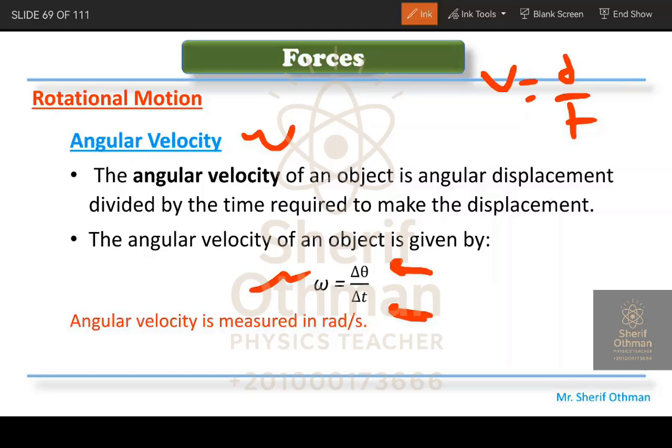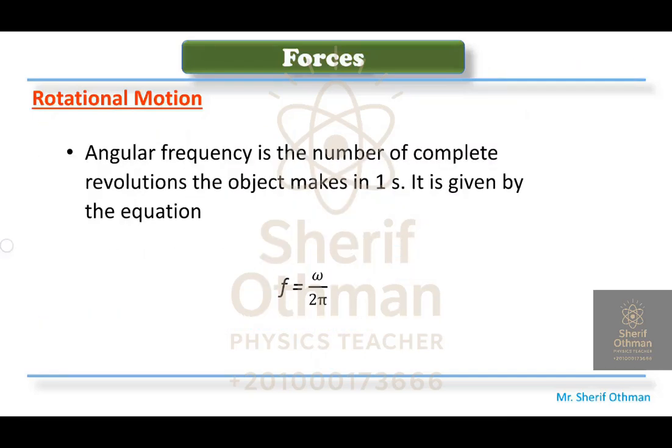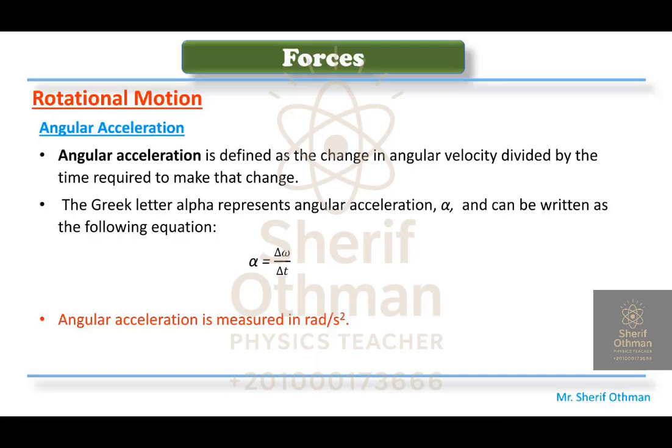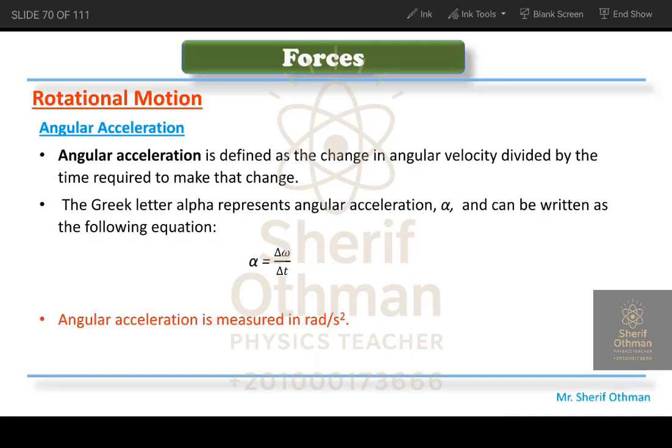As linear motion has a unit of meter per second, here we have radian per second. Angular acceleration is the change of angular velocity over time, so it is the change in omega over time, measured in radian per second squared.